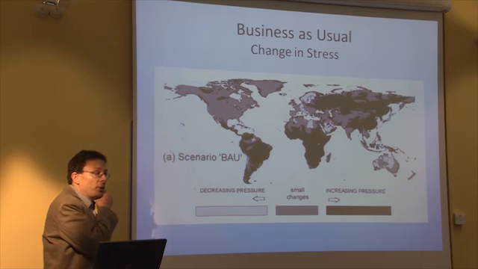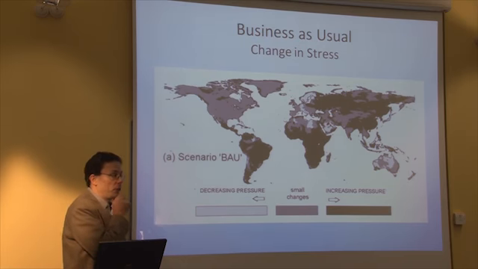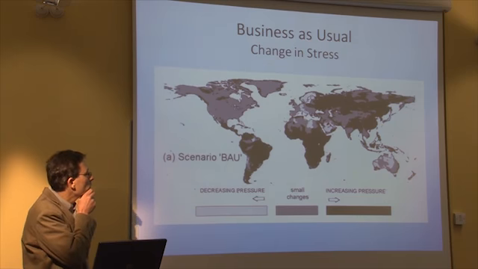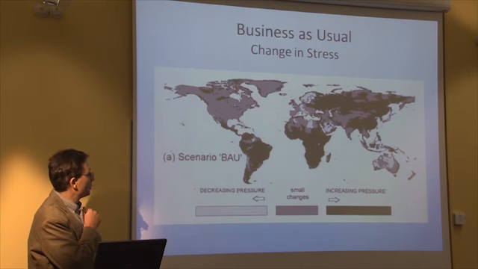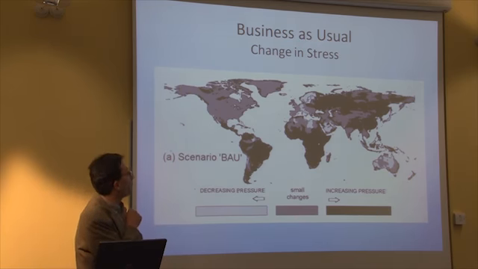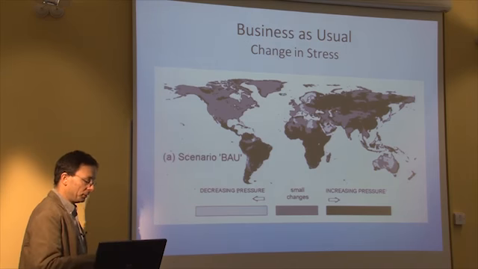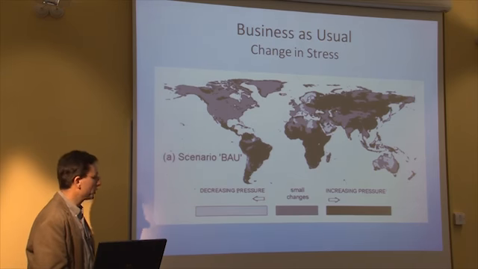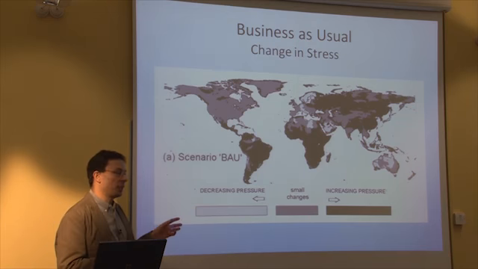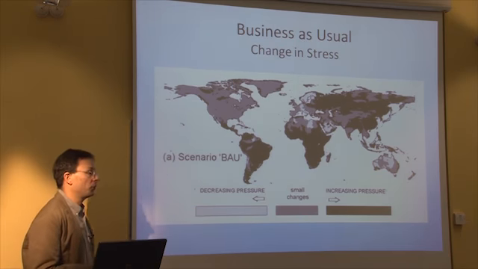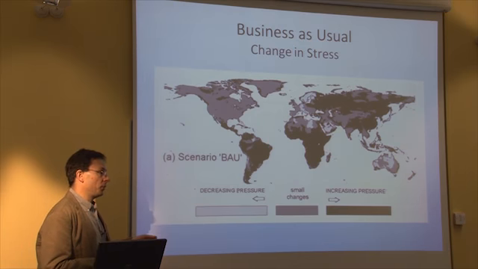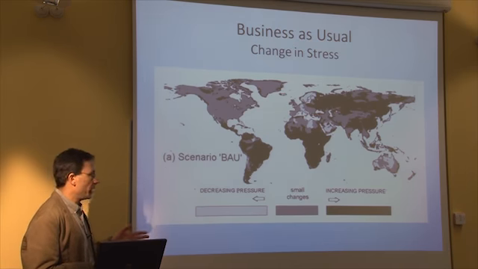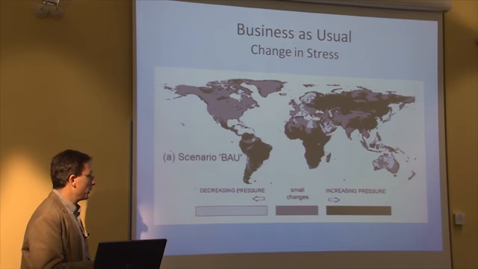But these sorts of diagrams can be quite misleading, because this paints quite a scary picture, since at least half the world is black in the sense of increasing water stress or water pressure. But that's only telling you the change from the present day. And the critical thing is to understand a change from what? What's the current situation, and how does the increased demand change the stress situation compared to today?